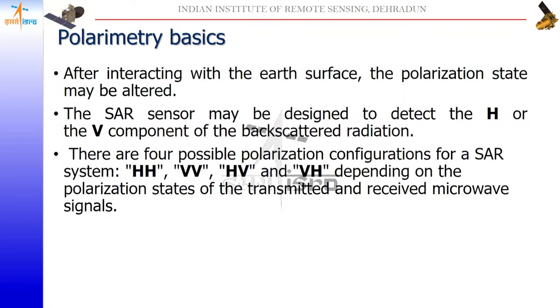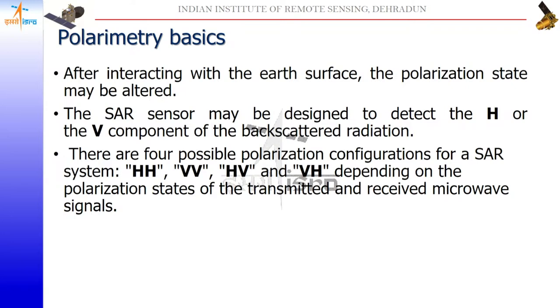So what are the polarimetry basics? After interacting with the Earth surface, the polarization may be altered. Means if we are sending the SAR signal in some polarization, like we are sending a horizontal polarization, that is a linear polarization, then when it interacts with the Earth surface, the different features on the Earth will change the polarization.